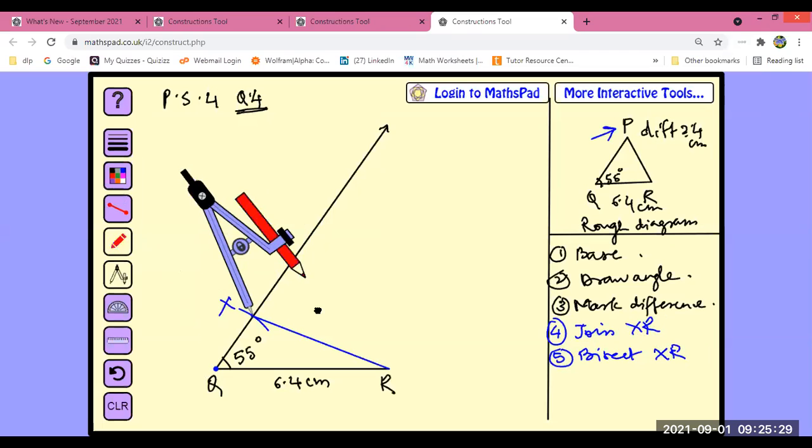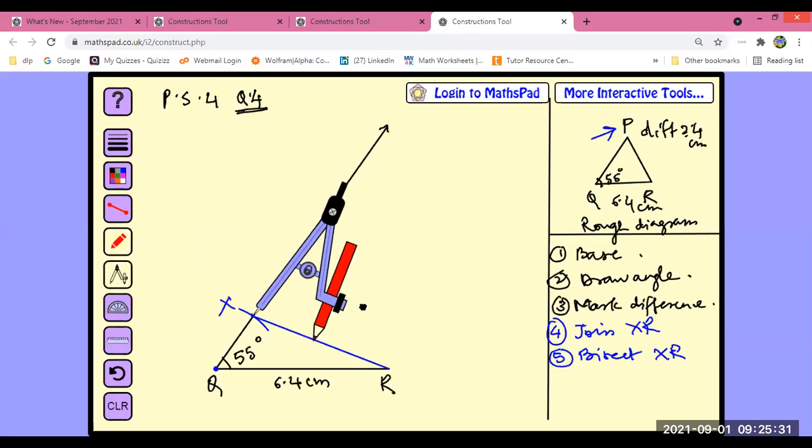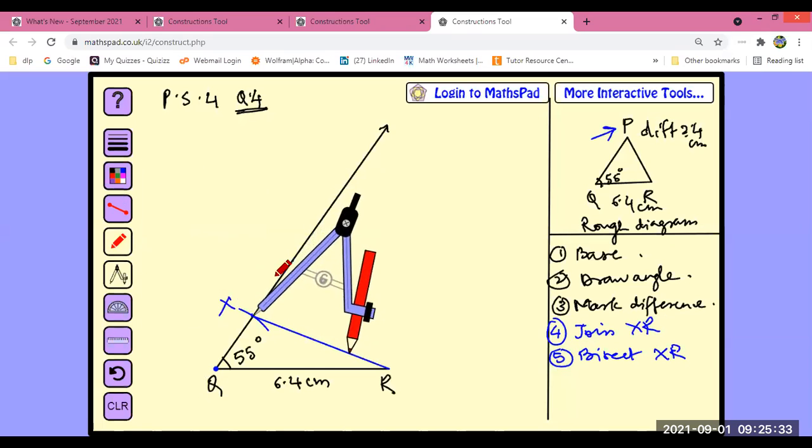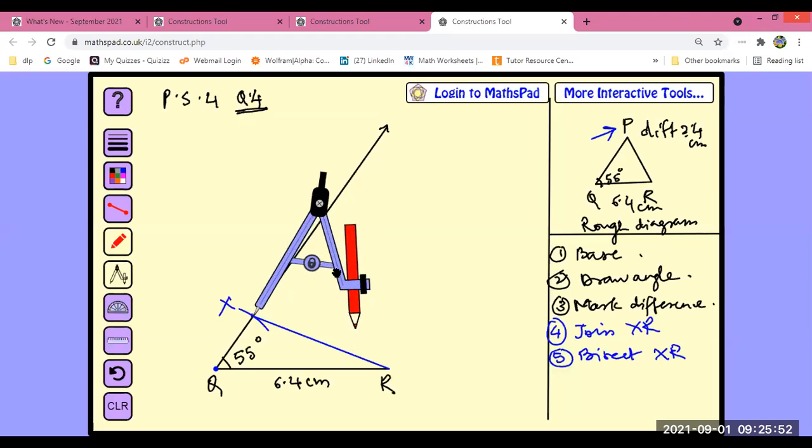So here we take more than half distance and draw arcs on each side. Yes, so we need to lock it, right? So for me, I have this option. When you're doing it on paper, be very careful.